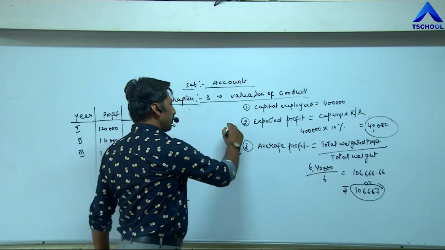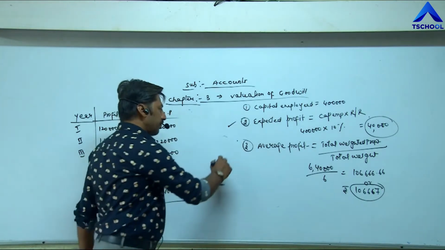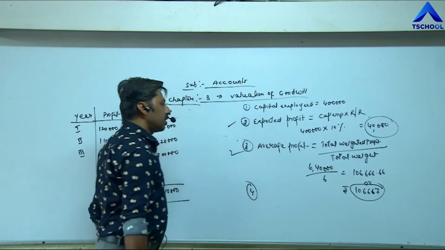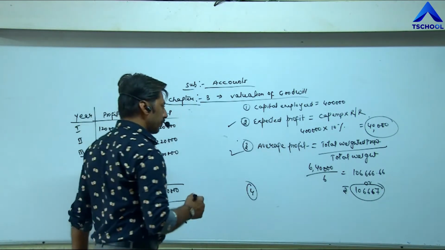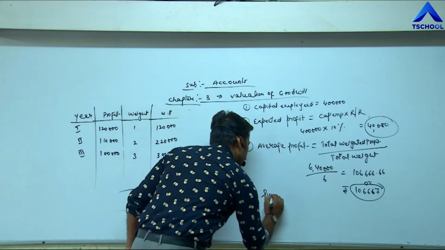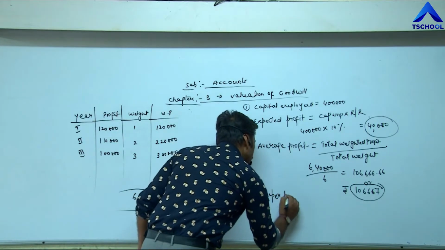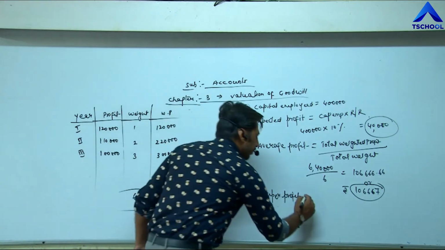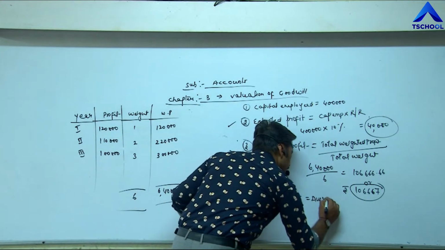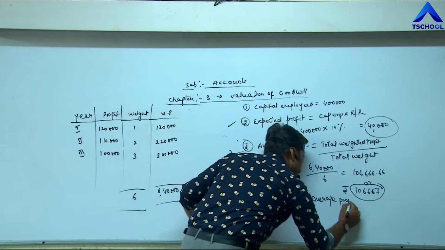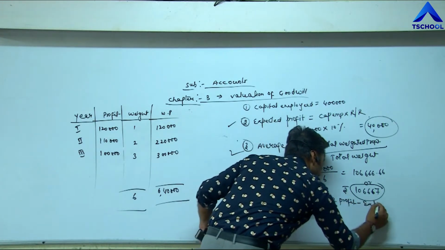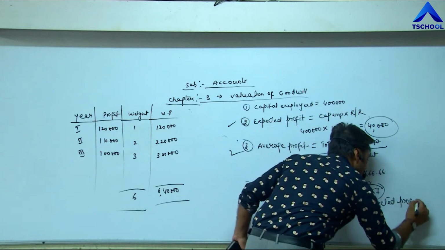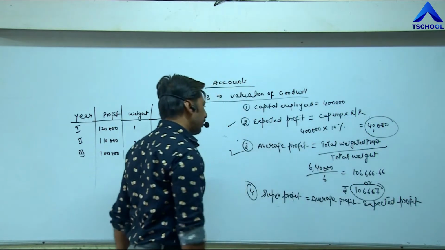Now expected profit we have calculated, average profit we have calculated. Now fourth step is super profit. So find out super profit. Super profit is equal to average profit minus expected profit. Now what is the average profit?